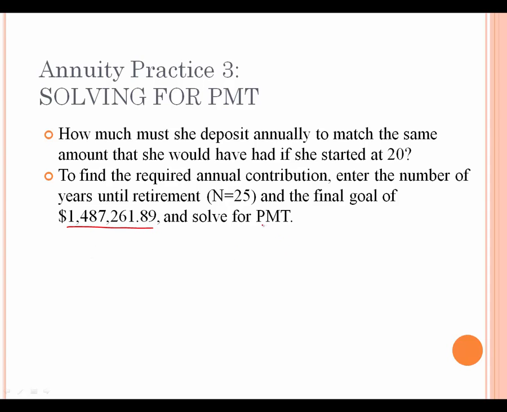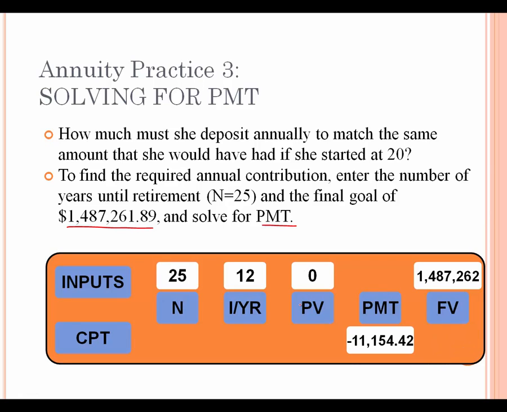And then you notice that we know the future value, that's our goal, and we have 25 years to achieve that. Based on 12% interest rate, each year our payment will be a little bit more than $11,000. So $11,000 a year for 25 years can lead you to about 1.487 million future value 25 years later.